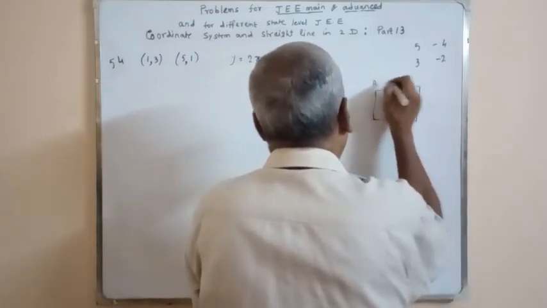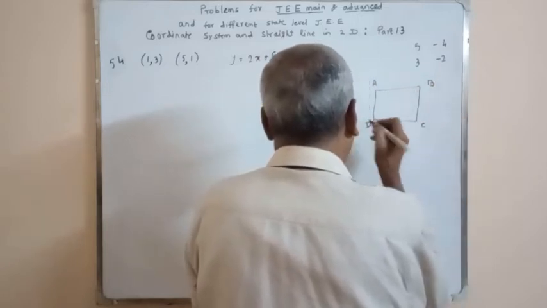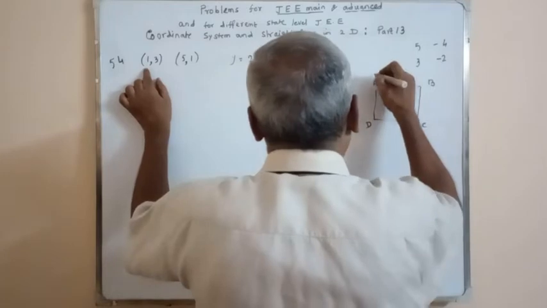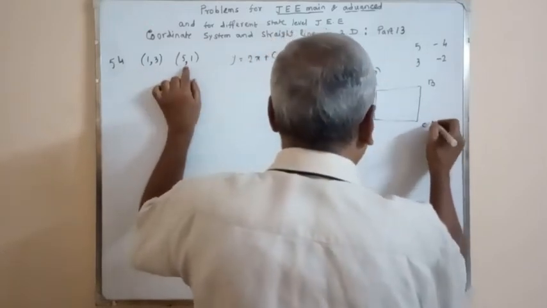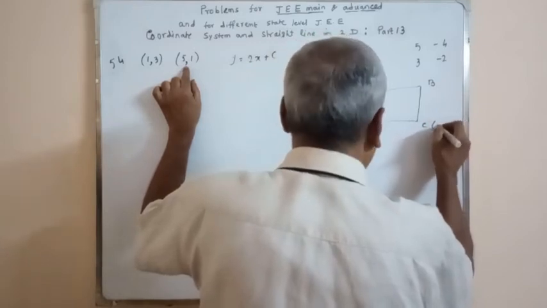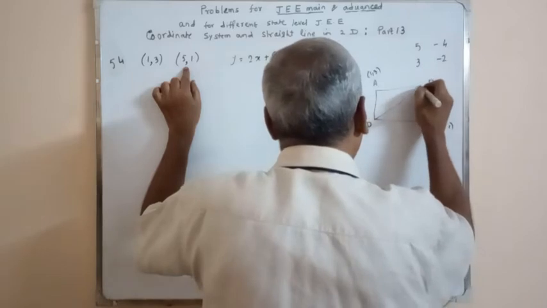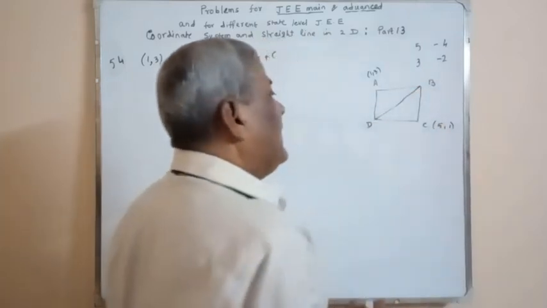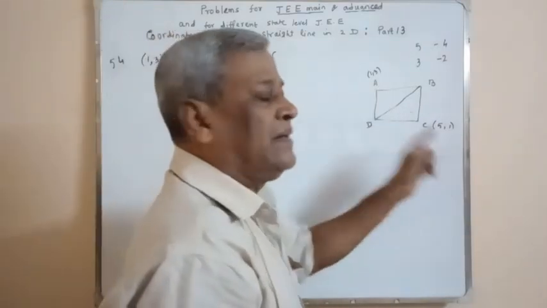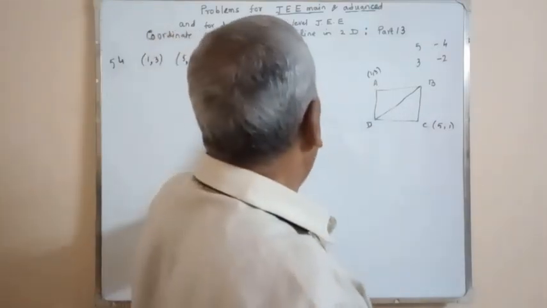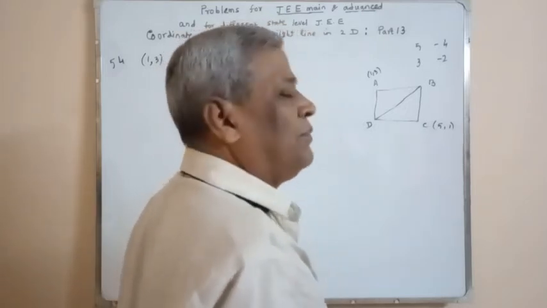This is A, B, C, and D. A is given as (1, 3). Opposite vertex means C is (5, 1). And this is a diagonal, and its equation is y = 2x + c. We have to find the value of c.